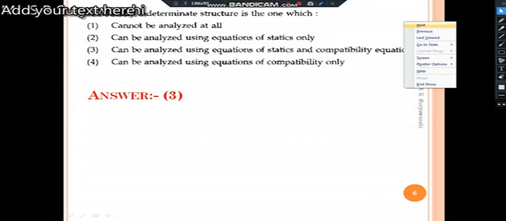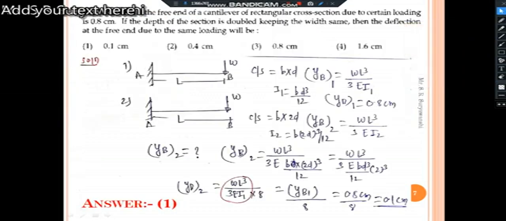Deflection at the free end of a cantilever of given cross section due to certain loading is 0.8 centimeter. If the depth of the section is doubled, keeping the width the same, then the deflection at the free end due to the same loading will be: option A 0.1 centimeter, 0.4 centimeter, 0.8 centimeter, 1.6 centimeter.